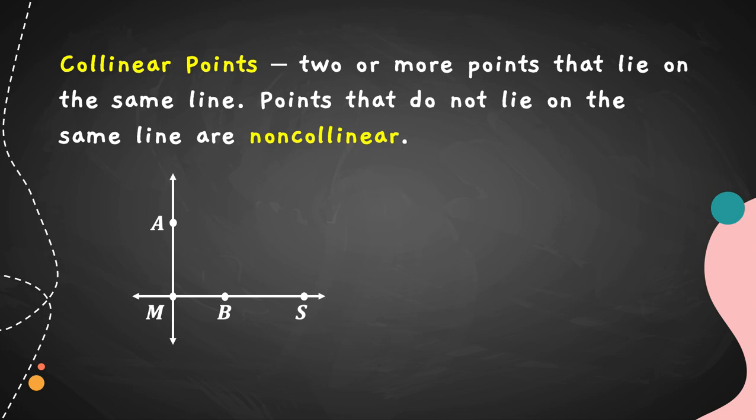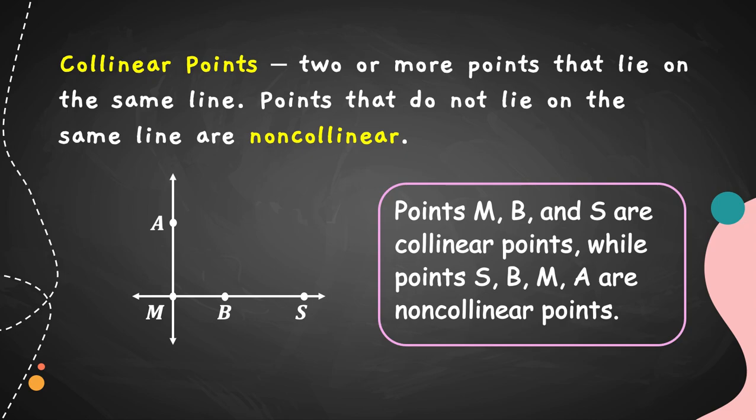So what are the collinear points here? So points M, B, S are collinear points because as you can see, points M, B, S lie on one line, which is line MS. While points S, B, M, A are non-collinear points because as you can see, point A does not lie on the same line on which points M, B, S lie.